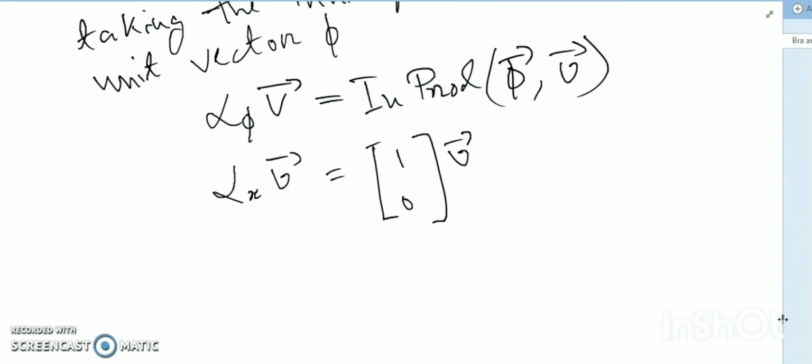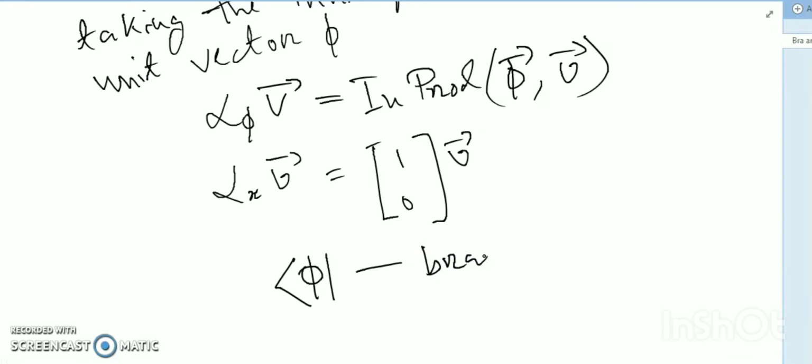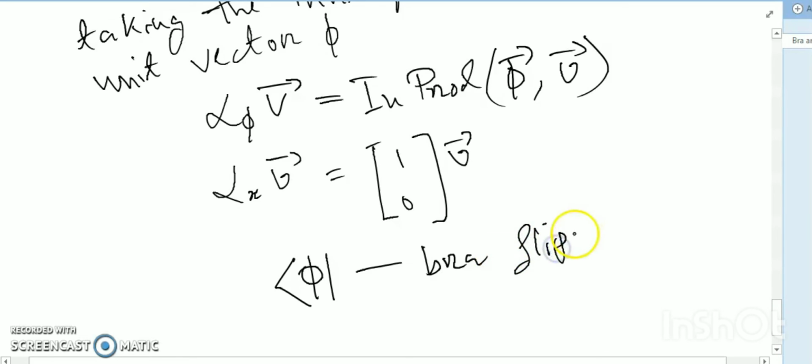So why do we choose this suggestive notation for a bra? A bra is just a flipped ket, because the action of the bra linear functional is mathematically equivalent to taking the inner product with that ket.